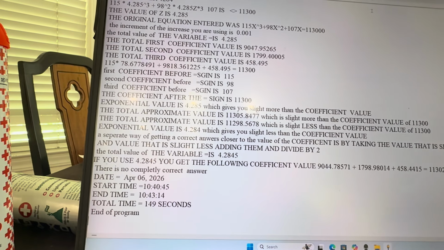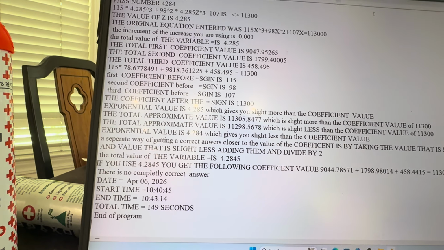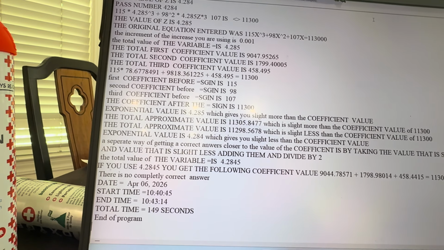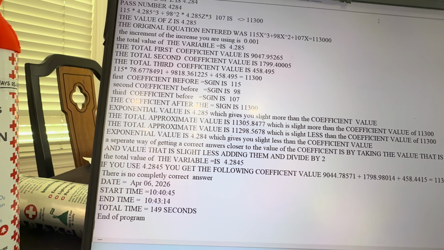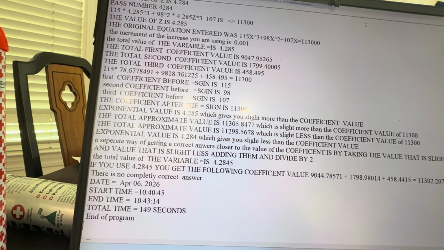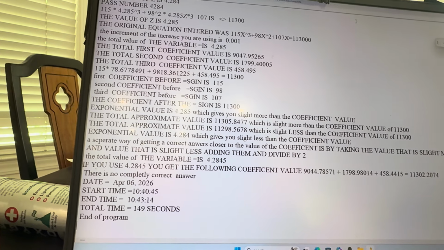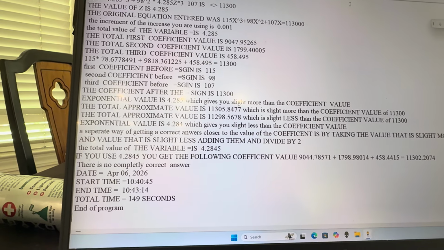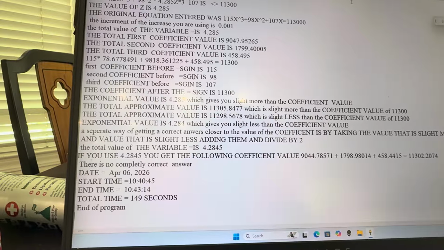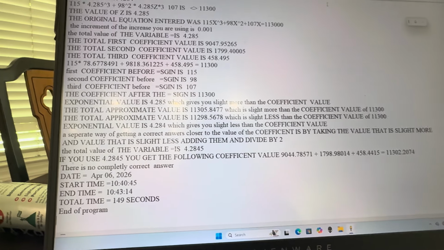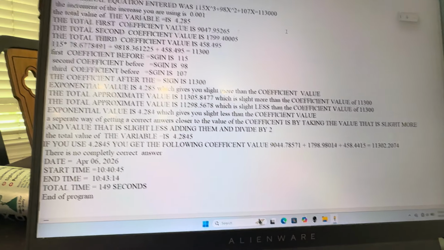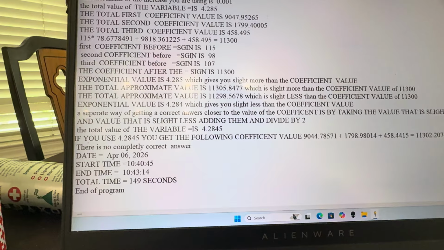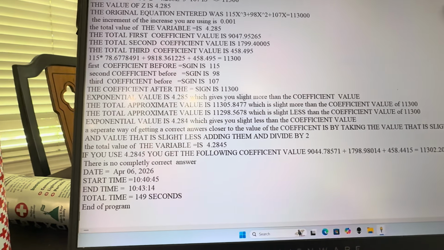If you use 4.284, it gives you 11,298.5678. You take the two of them together, then you get 4.28845, which gives you 11,302.2074, slightly more. There's no completely correct answer to this one. This type of problem is off by a slight amount.